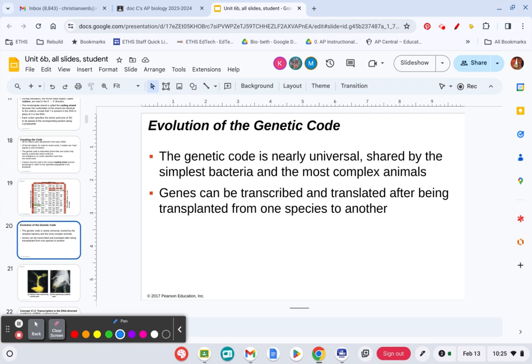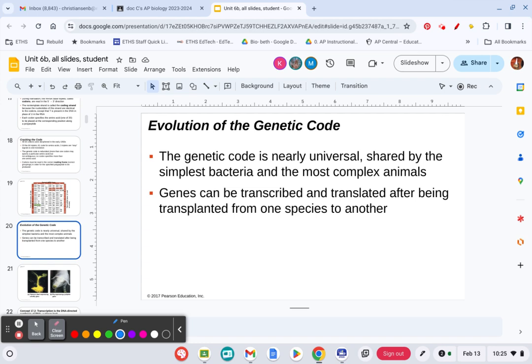Our DNA is the same, except for the codes. So the codes are different. So different proteins will have different shapes, they'll look different, and they'll produce different outcomes. But they all start with those same 4 letters.